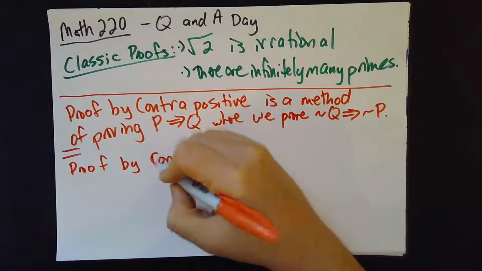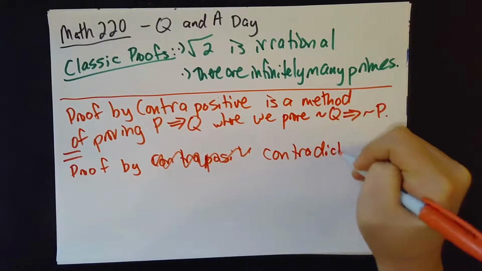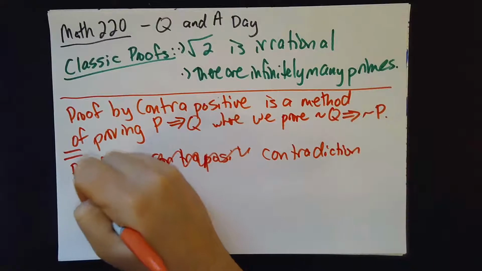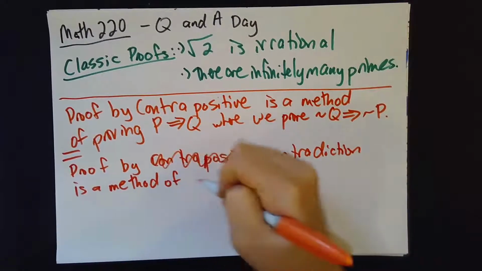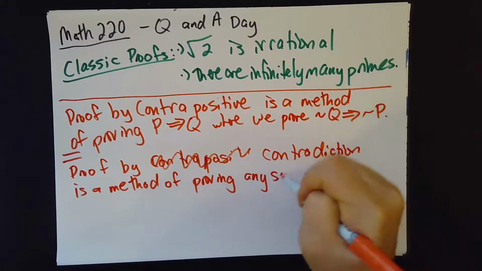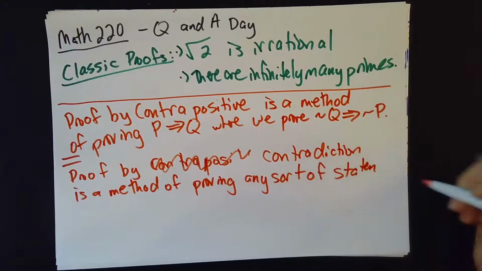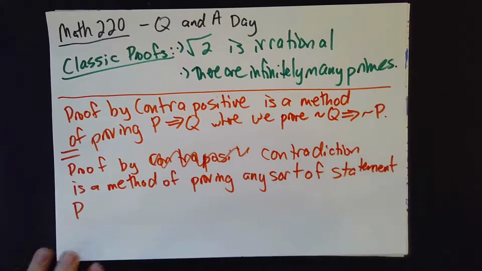Proof by contradiction. Okay, and then on the other hand, proof by contradiction is a method of proving theoretically any statement. And basically, the way it works is that you consider the counterfactual.